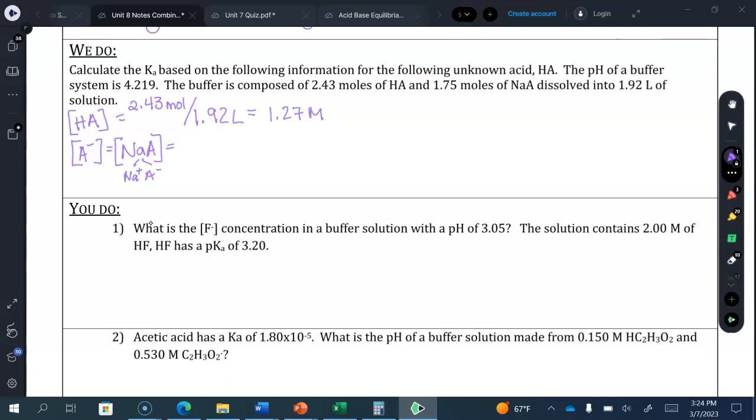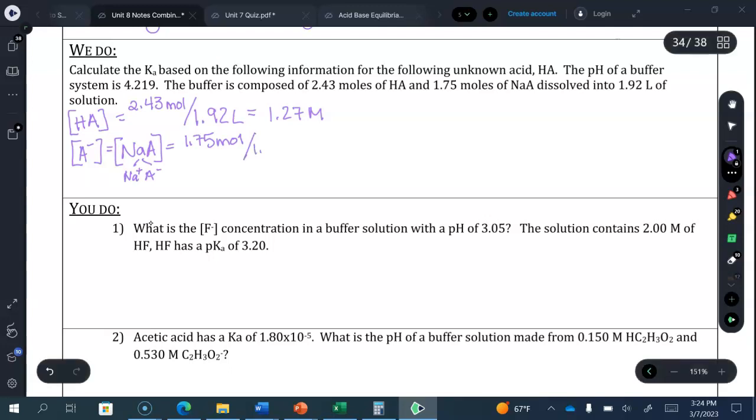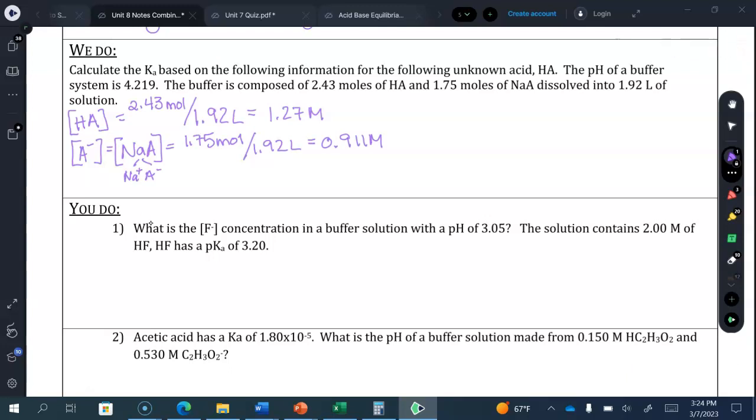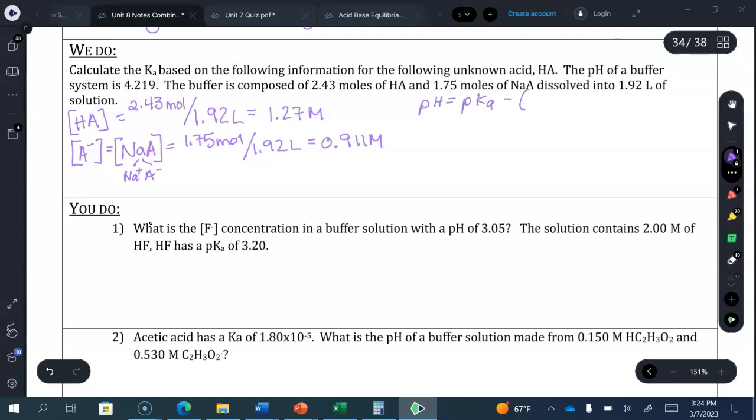So we take the total number of moles, which is 1.75 moles, of the sodium salt for the conjugate base, which is equal to the conjugate base concentration, divided by the total volume. And you should get 0.911 molar.